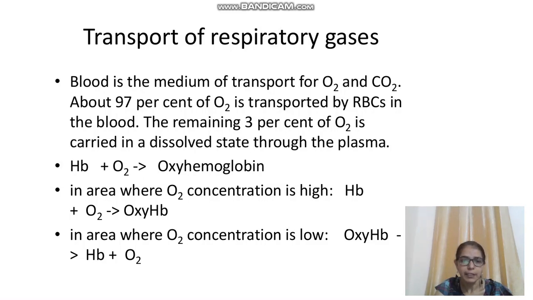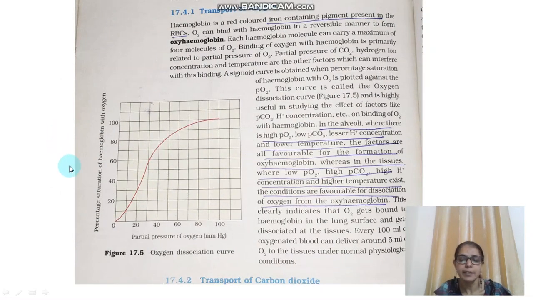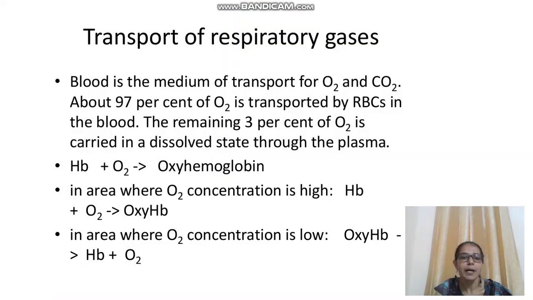So hemoglobin combines with oxygen when it is exposed to a higher partial pressure of oxygen. Keep this in mind: when the O2 concentration is very high, hemoglobin will bind with O2 and result in the formation of oxyhemoglobin. Now this hemoglobin will release the O2 where oxygen concentration is low.